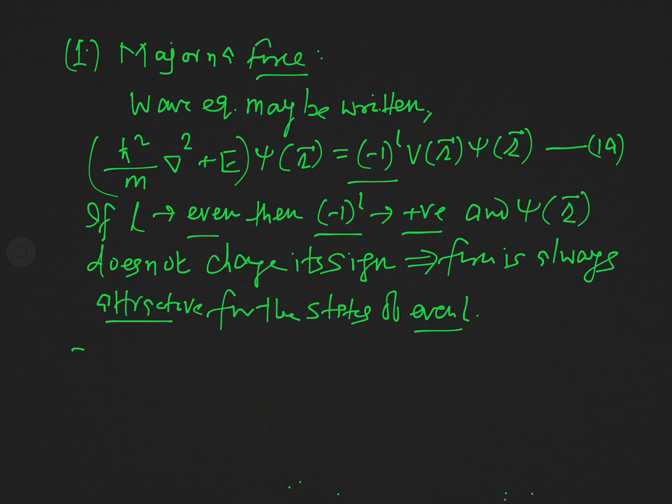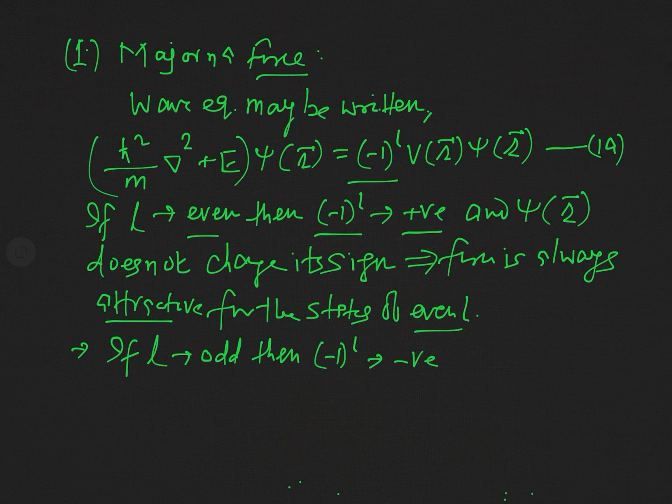Now take the opposite situation. If L is odd instead of even, then we know that this minus 1 to the power L will be what? When you raise minus 1 to an odd power, you will get a negative, you will get simply minus 1.